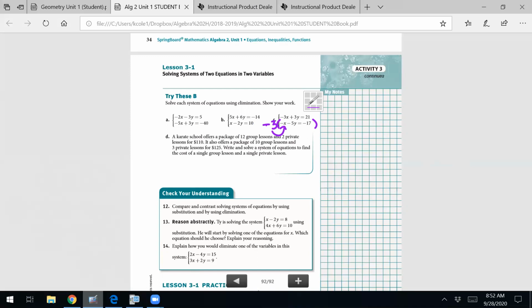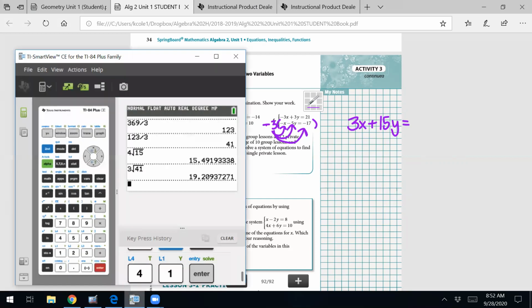So that's going to give me positive 3x. Negative 3 times negative 5y is positive 15y. Negative 3 times negative 17. I don't know what that is. What's that? Negative 3 times negative 17 is 51.